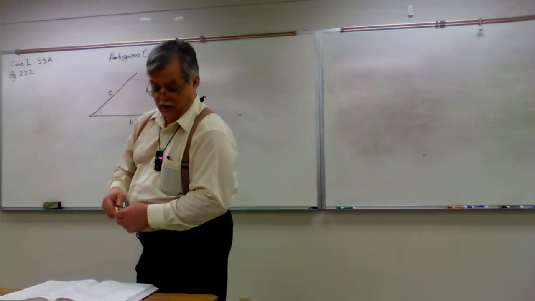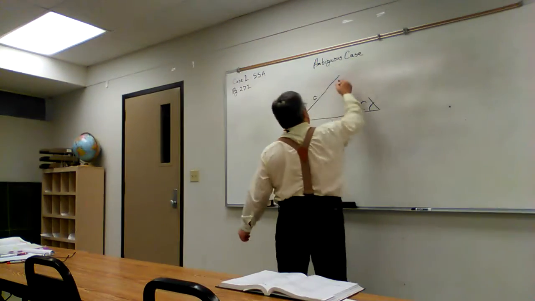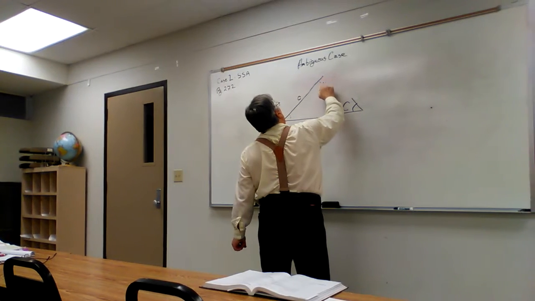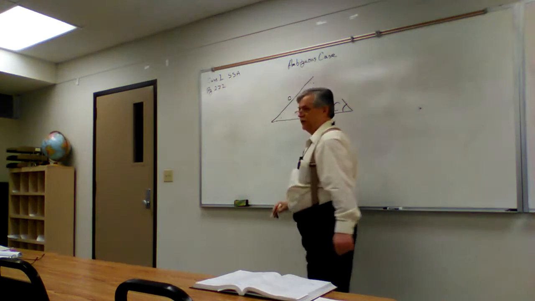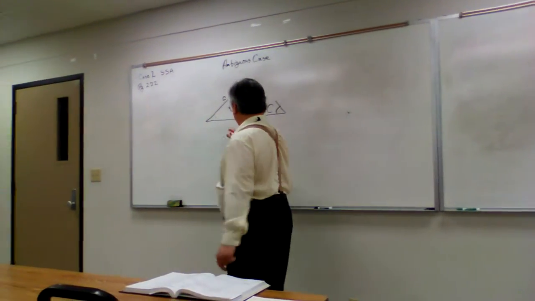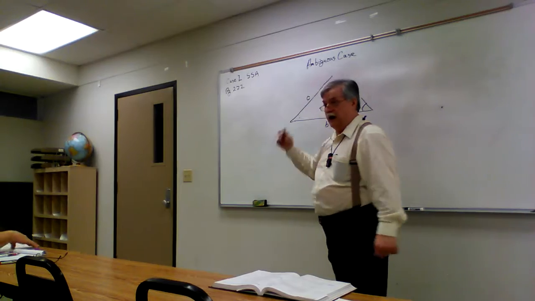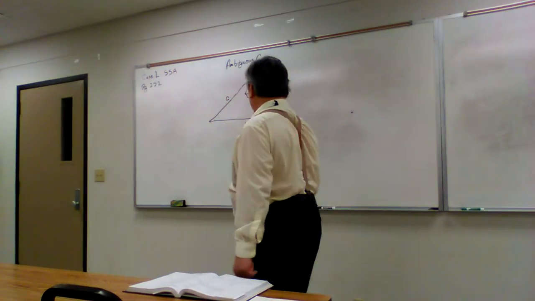So, we're going to start with our friend the right triangle. And we're going to drop a perpendicular and make a right triangle with sides B and C and height H. So C is the hypotenuse of this right triangle.